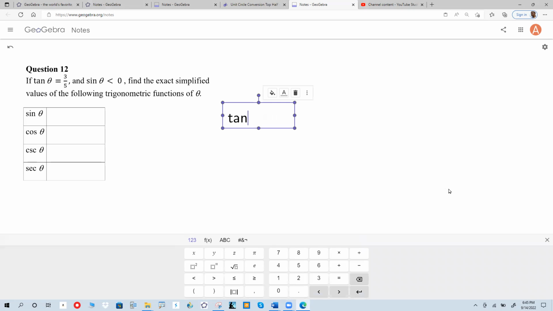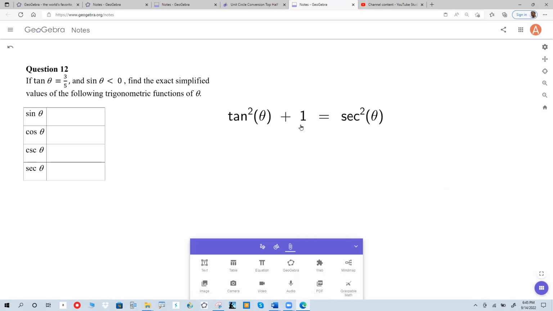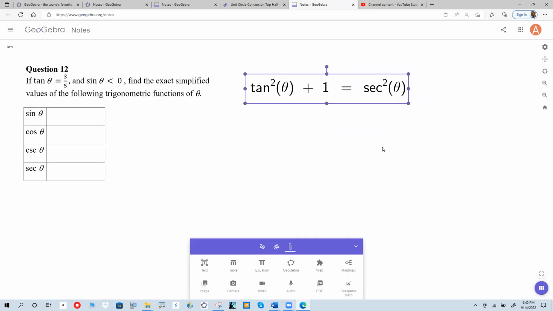Tan squared theta plus 1 is equal to secant squared theta. Now, I'm going to use algebra to calculate the value of secant theta, and I'll do it very carefully.